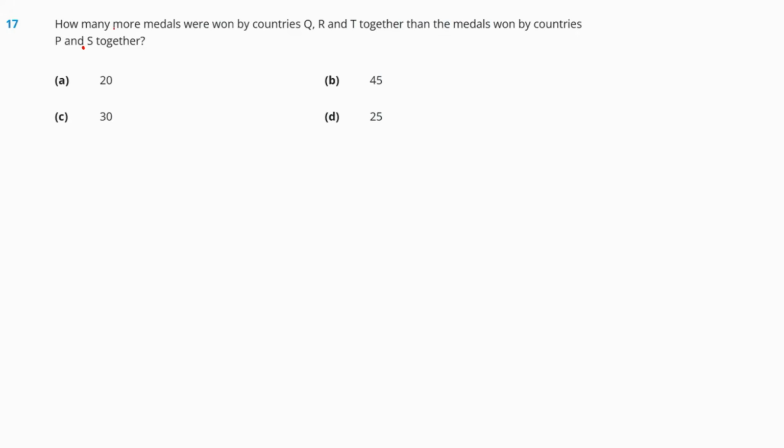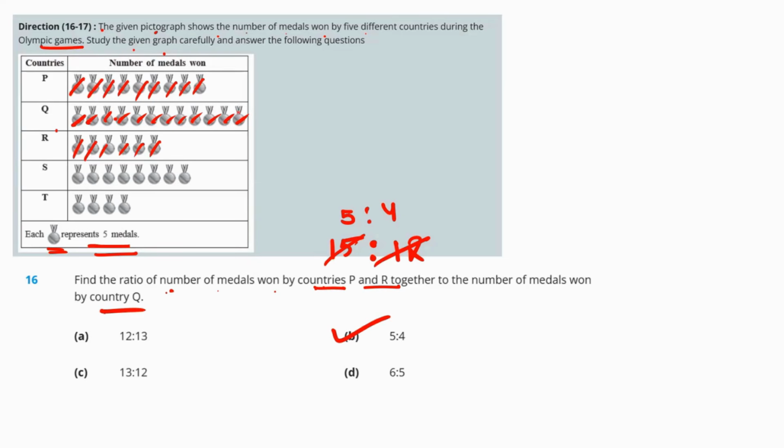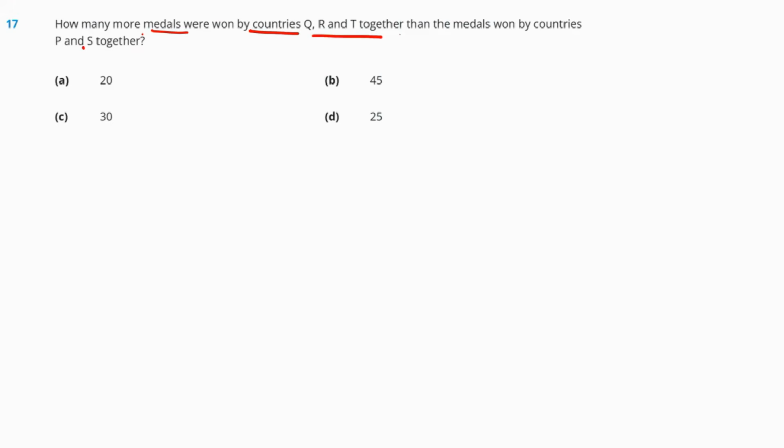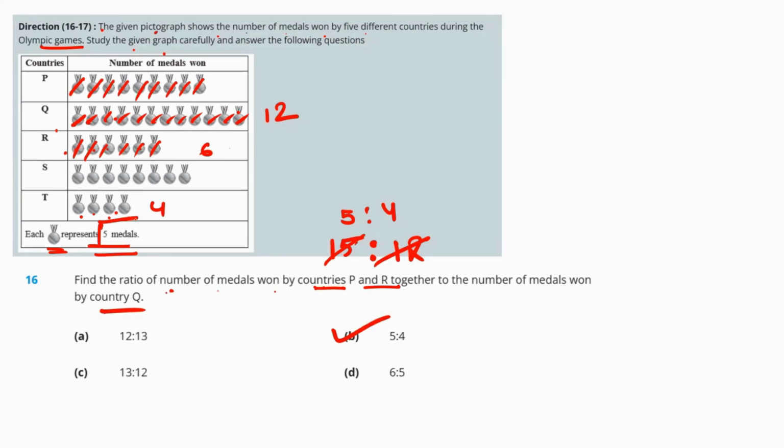The next question is again based on the previous one only. How many more medals were won by countries Q, R, T together than P and S together? Q, R, T together. Q we just now found out to be 12. R is 1, 2, 3, 4, 5, 6. T is 1, 2, 3, 4. So that's total 12 plus 6 plus 4. That's 22 for QRT. These are 22 icons, not 22 medals. We haven't multiplied it with the key because each icon represents 5 medals over here.